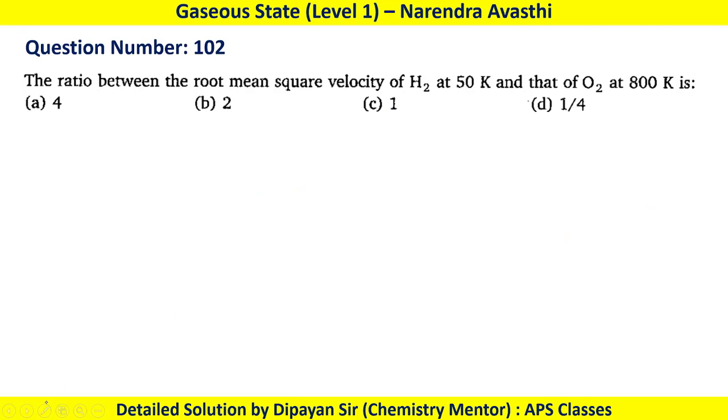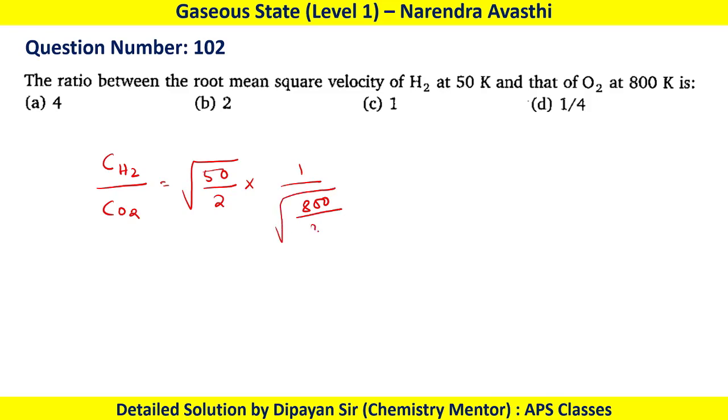In question number 102, the ratio between the root mean square velocity of hydrogen at 50 Kelvin and that of oxygen at 800 Kelvin is asked. So CRMS of hydrogen to CRMS of oxygen is nothing but root of 50 by 2 divided by 800 by 32.